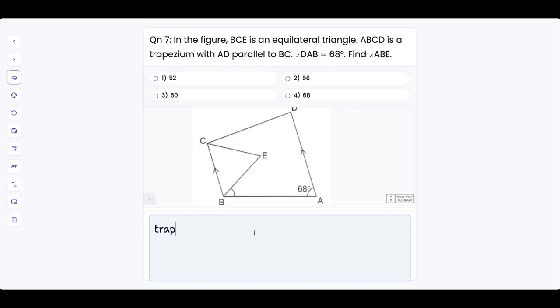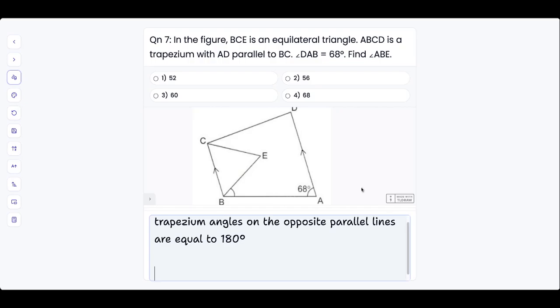So remember, in a trapezium, angles on the opposite parallel lines, let me just write this down. Parallel lines are equal to 180 degrees.